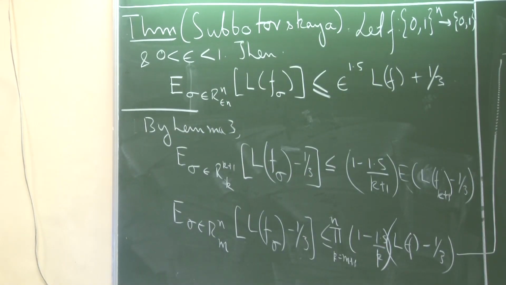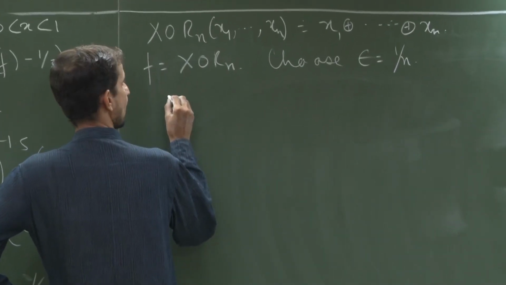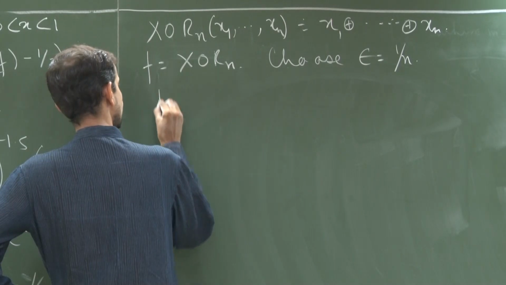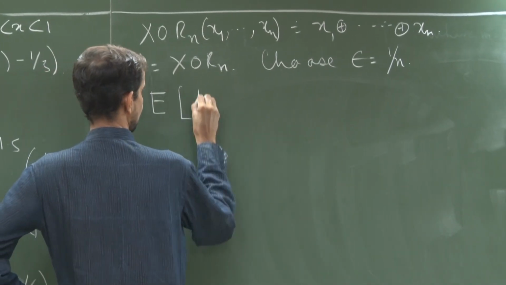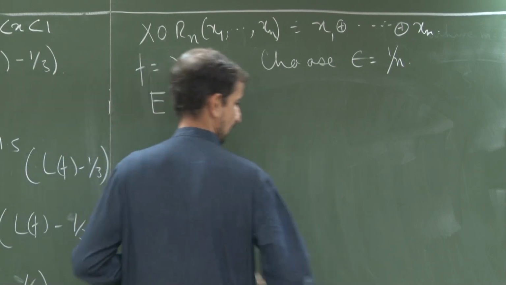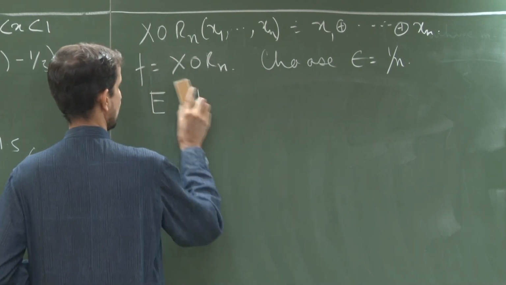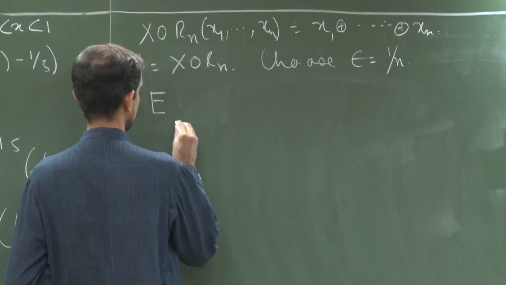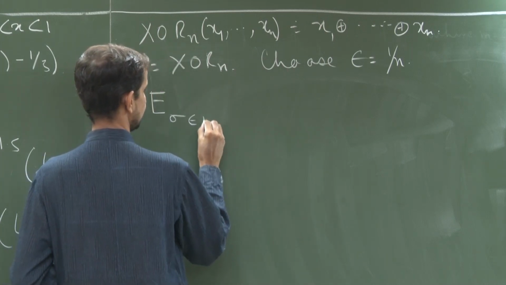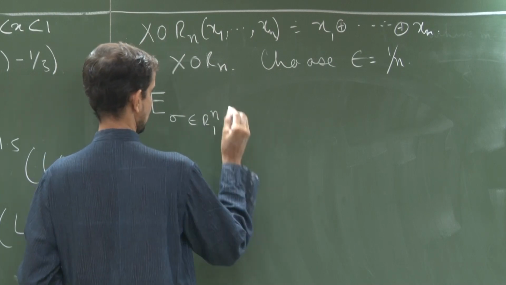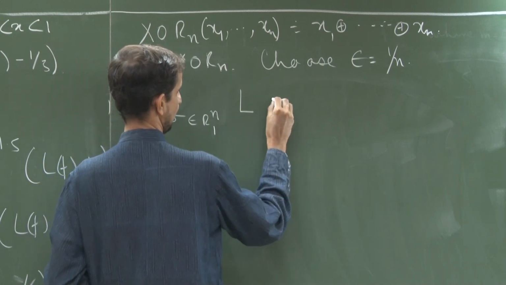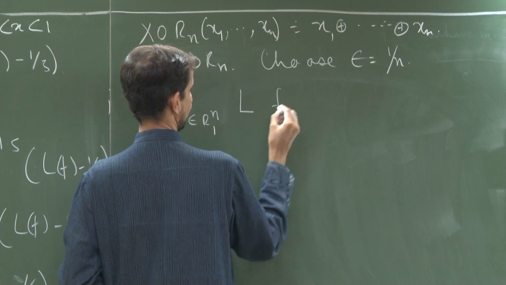So, then what is this quantity? Expected value of sigma chosen from R n, epsilon n is now 1, L of f sigma.